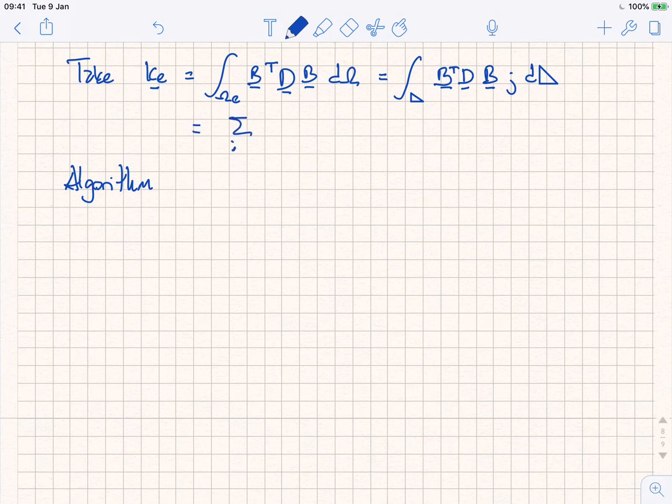It's a sum over Gauss points, and then we have B transpose, evaluated at xi, which is basically the global coordinate corresponding to that Gauss point, D B, then you have J, and then the weight associated to that Gauss point.